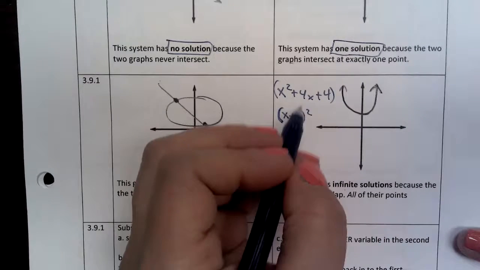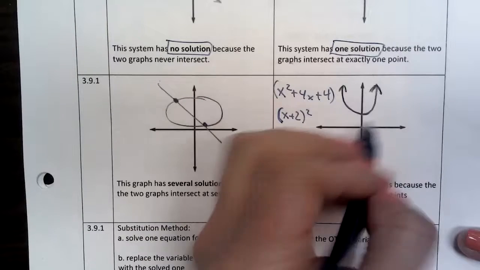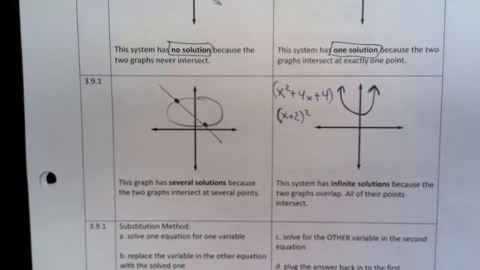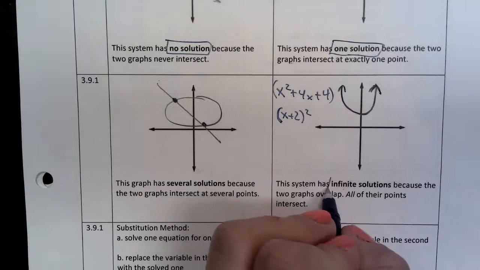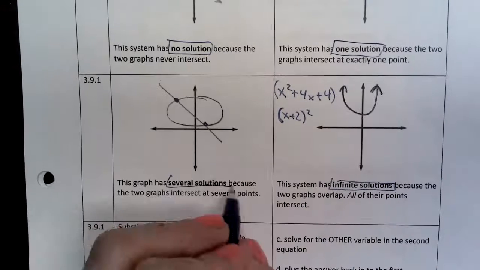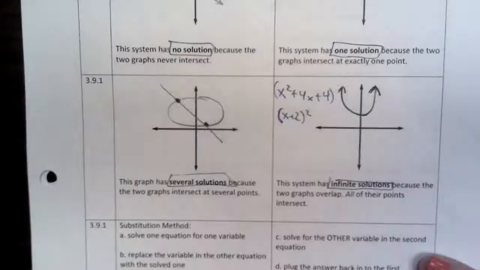Those are the exact same thing. They're the exact same parabola, but they look different. So it would be two parabolas that essentially are the same and overlap, or two circles that are the same and overlap. Infinite solutions means it's the exact same graph. It just might look different in the form that it's written in.